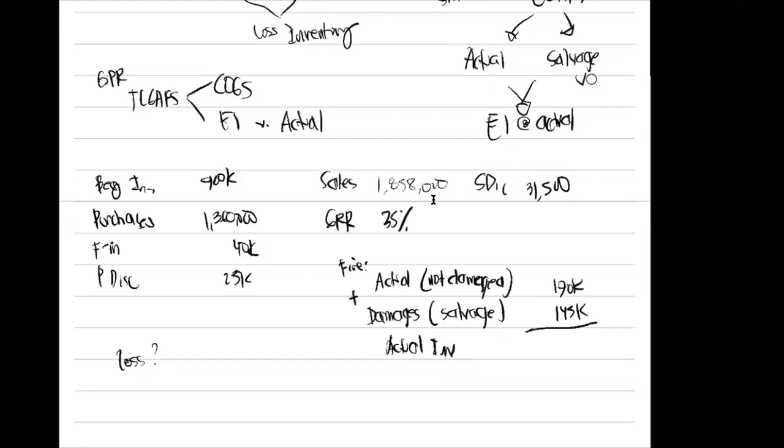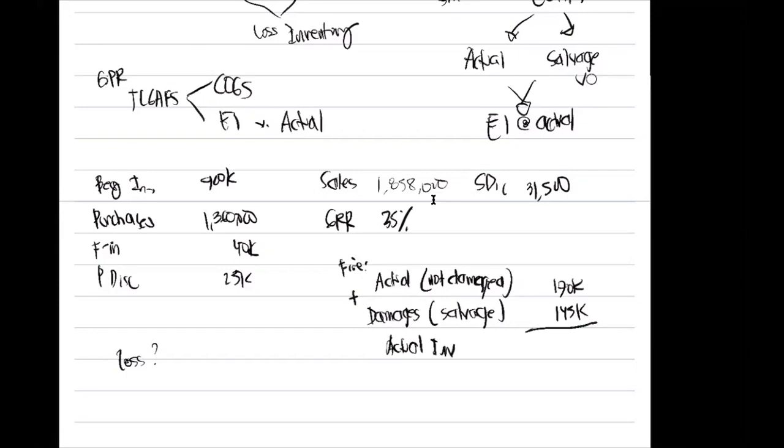So let's get the value: 900,000 plus 1,360,000 plus 40,000 less 25,000 will give us 2,275,000. And we get the value of your cost of goods sold first.